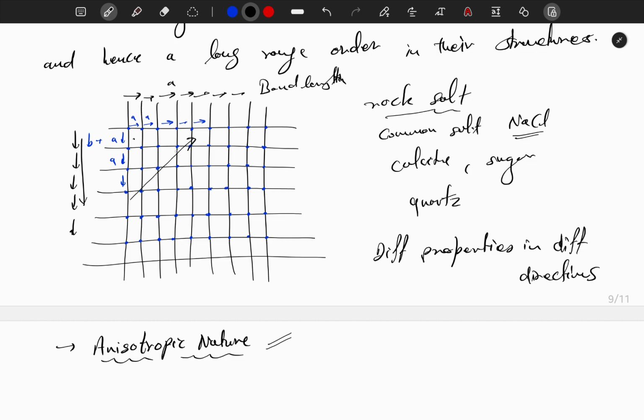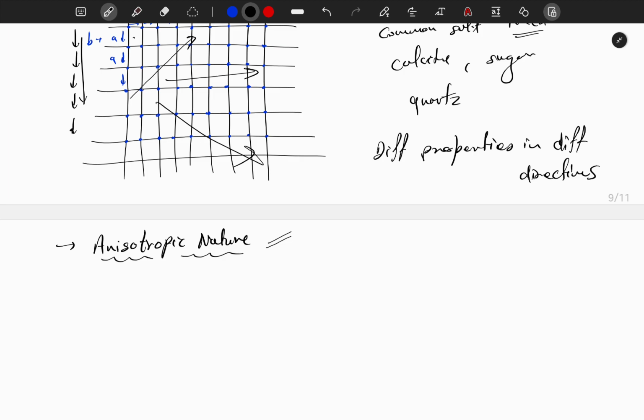For example, in this direction the current conduction will be different than in this direction, which will also be different in this other direction. That's why they are said to possess anisotropic nature.